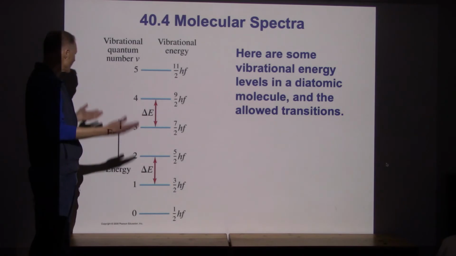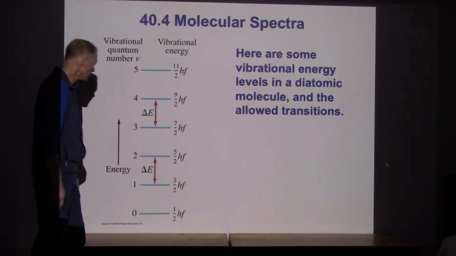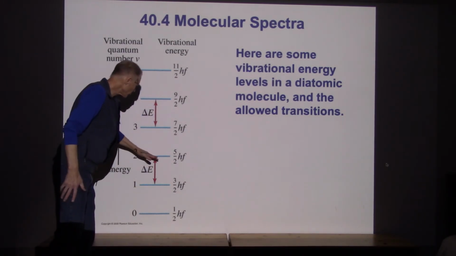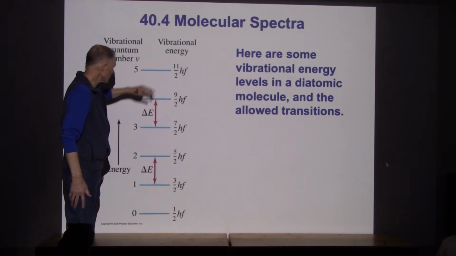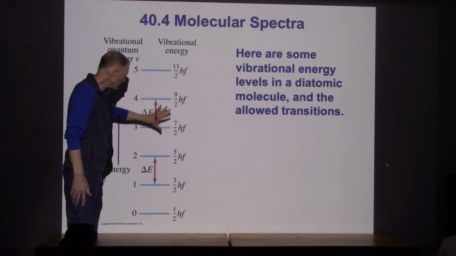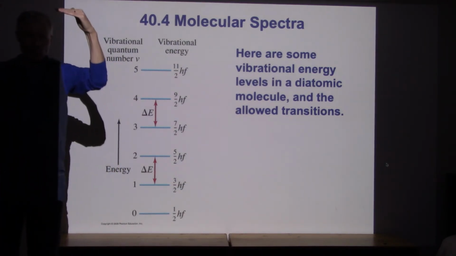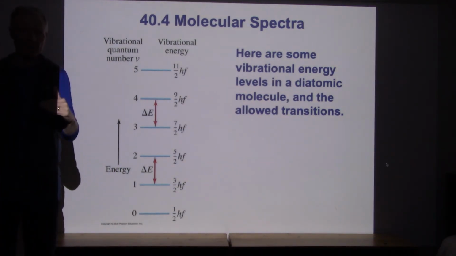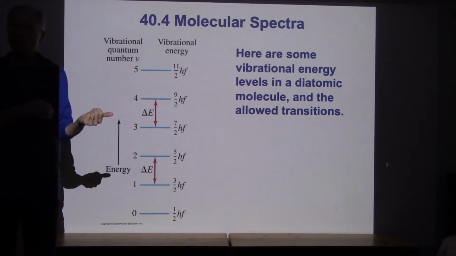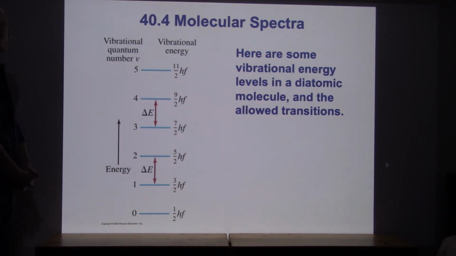All right, what does it say about photons that are being generated? It says that, to zeroth approximation, all these energy spacings are the same. And that says that if we do transitions one step at a time, as we did with rotation, all the photons will have essentially the same energy.